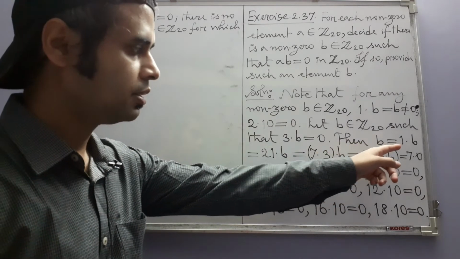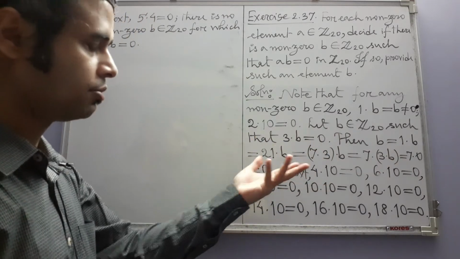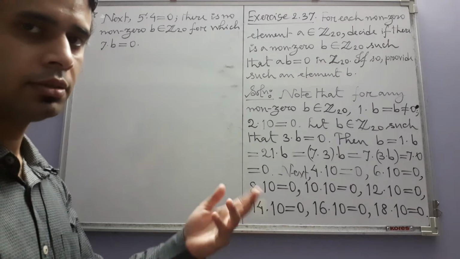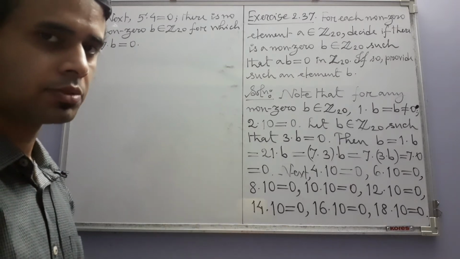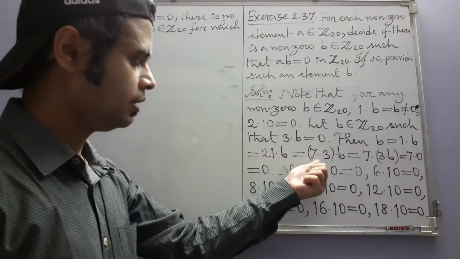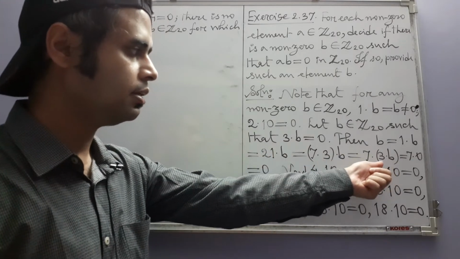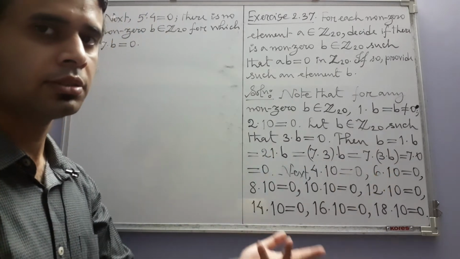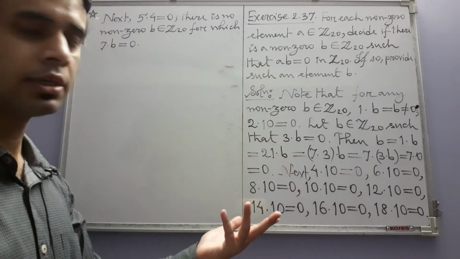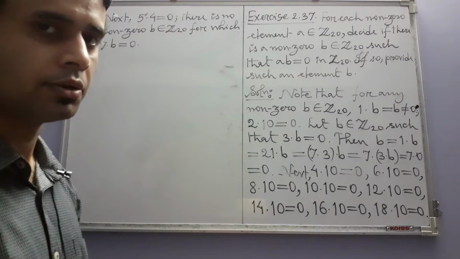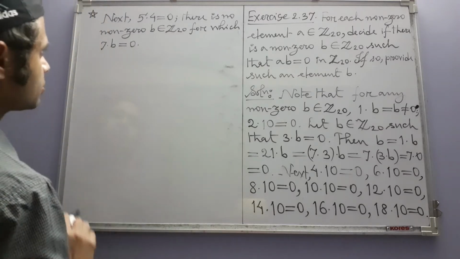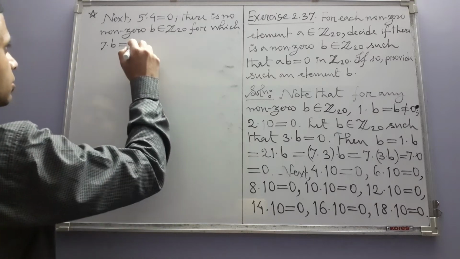You first assume that there is a b in Z20 for which 7 times b is 0. Then you start from here, and instead of considering 3b you consider 7b, which according to your assumption is 0. So you get the fact that b has to be 0. So no non-zero b exists for which this is true.